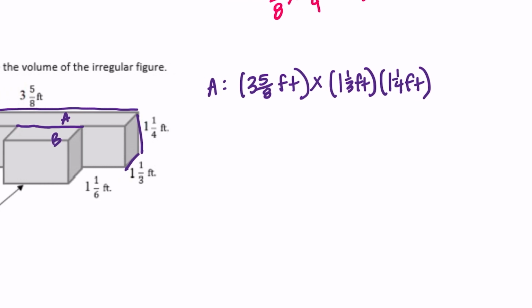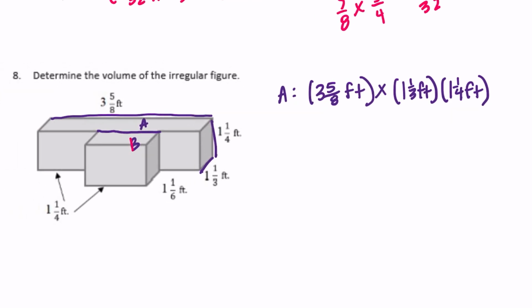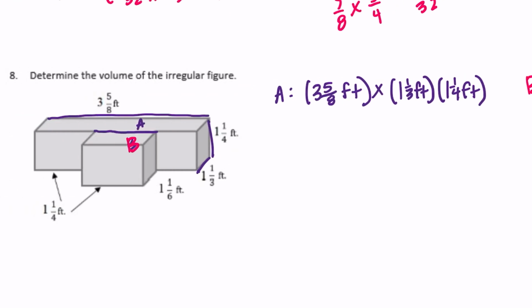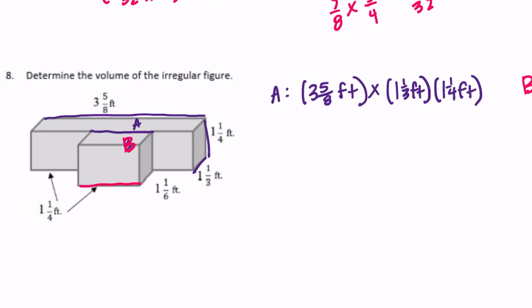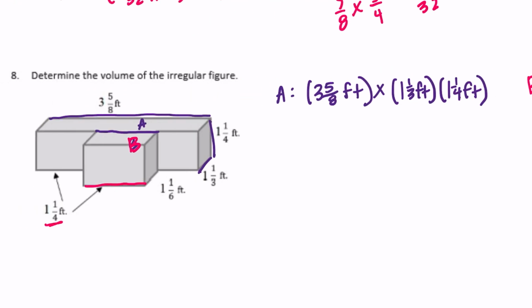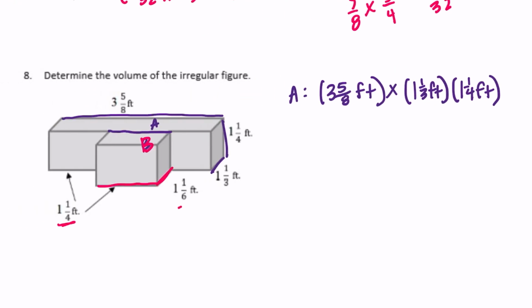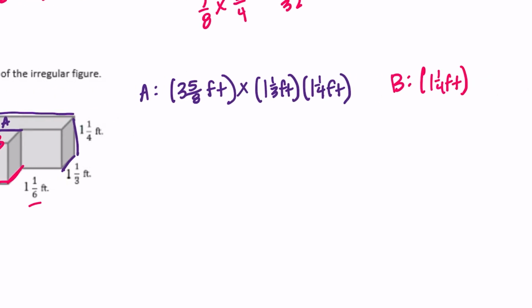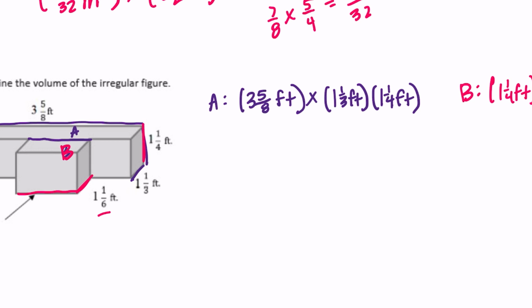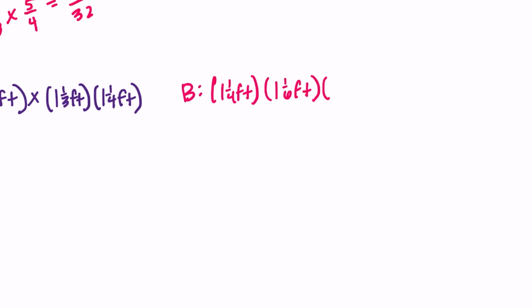And then let's find the dimensions for B also while we're at it. So B, the length is 1 1/4 feet. The width here is 1 1/6. And the height is the same all throughout, 1 1/4.